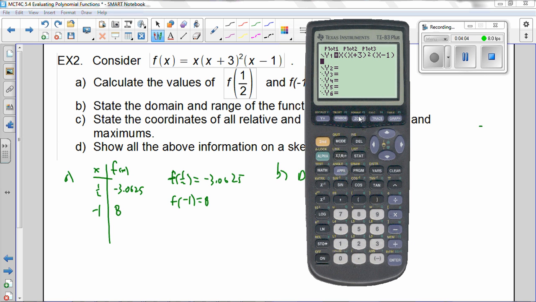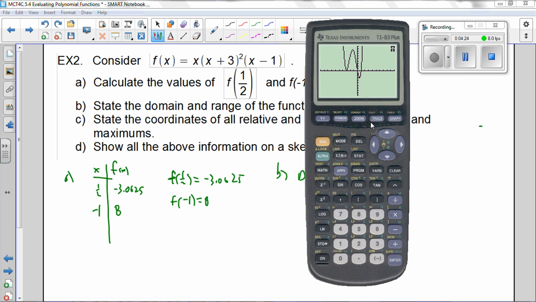And I'm hoping that Zoom Standard will be a decent window start. And it's perfect, right? I can see it starts high and ends high just like I expected. The minimum I want to find is that right there, right? So I can say anything above that is the range.